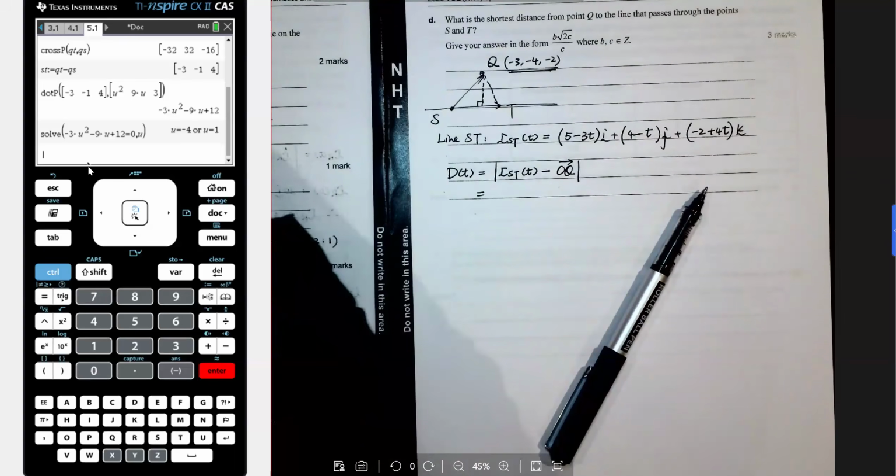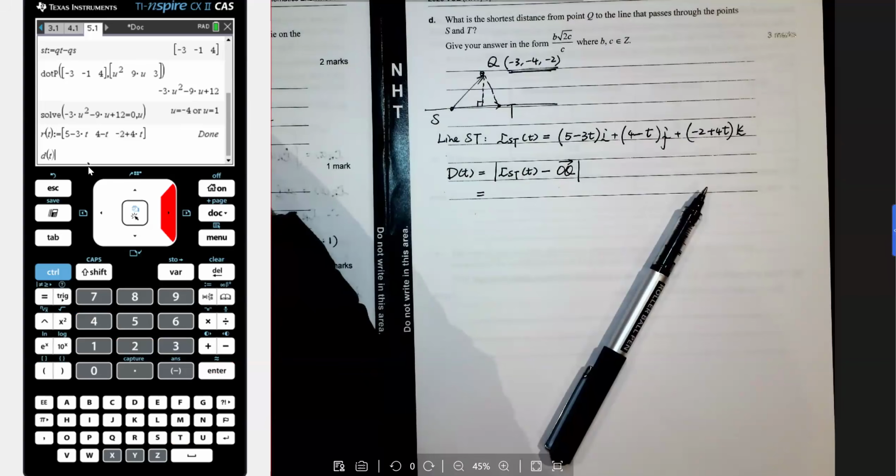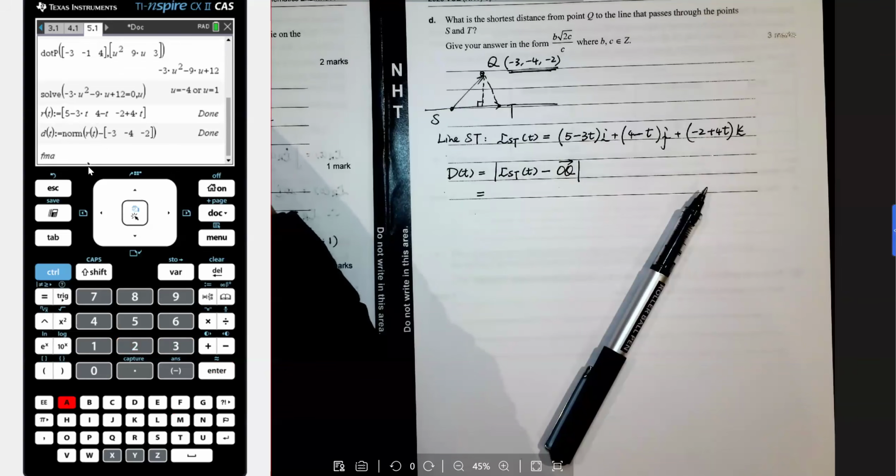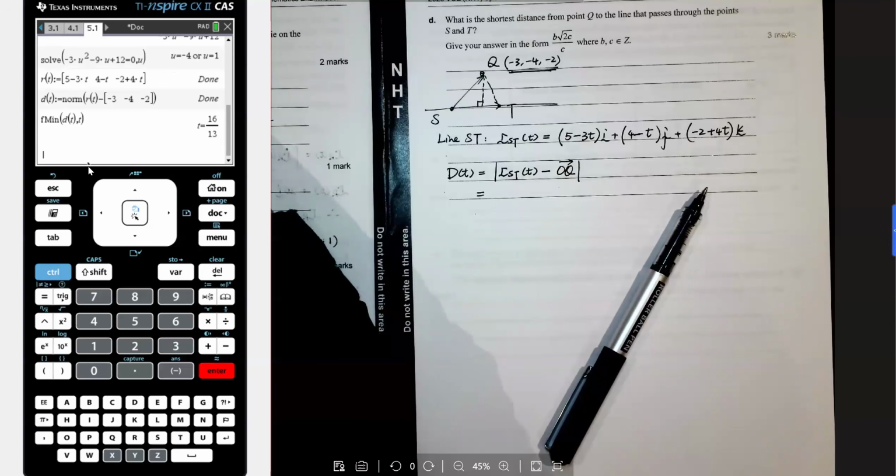So we can form R of t assigned to (5 minus 3t, 4 minus t, -2 plus 4t), and the distance D of t is assigned to the norm of R of t take away (-3, -4, -2). And I can use fMin of D of t, comma t, giving 16 over 13.